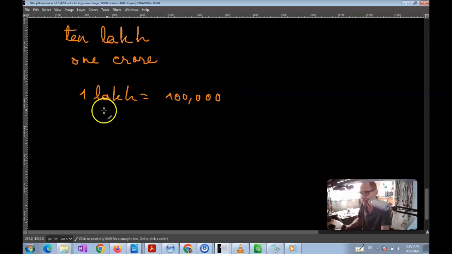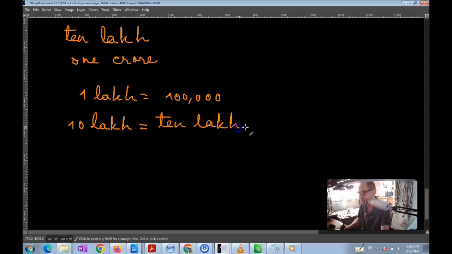So then 10 lakh would be, in and of itself, a number. You can write it as 10 lakh. That is the same thing as 10 times 100,000, which is nothing but 1 million.